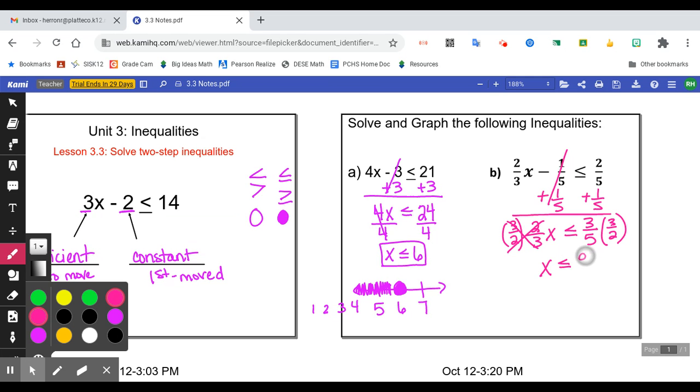And I'm going to have 9/10. So again, with fractions you can count however you want. I'm going to have 8/10, which would be 4/5. 9/10. And then 10/10 would be 1 whole. So this would be closed because it is an equal to and less than again. So again, I'm going to the left.